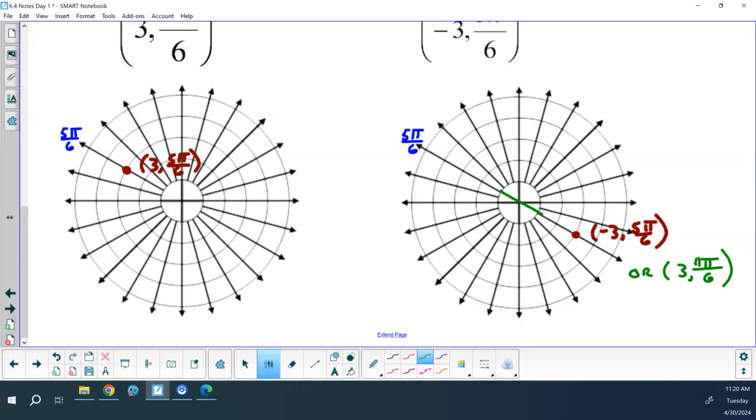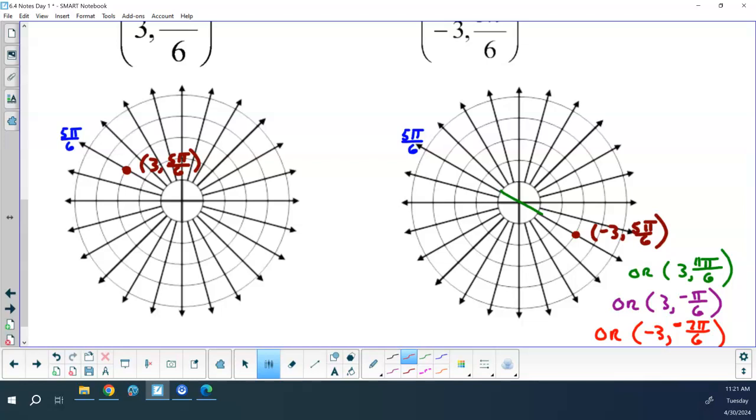It could also be, oh yeah, the negatives too. I forgot the negatives. Or it could be 3 comma negative pi over 6. Or it could be negative 3 comma negative 7 pi over 6.